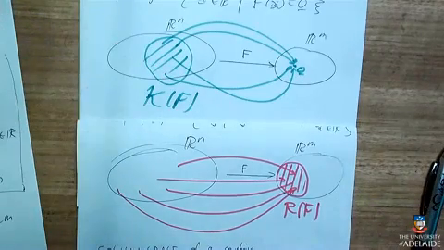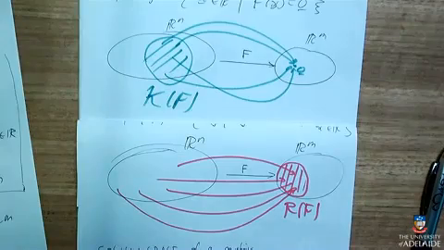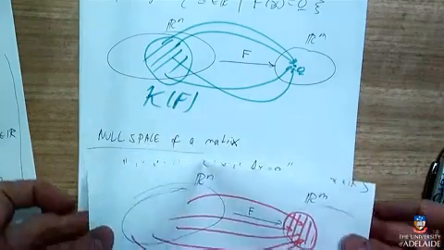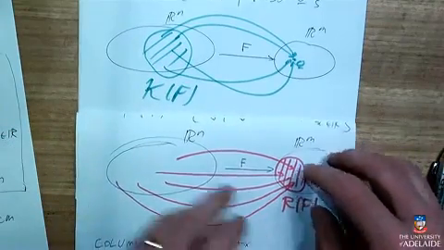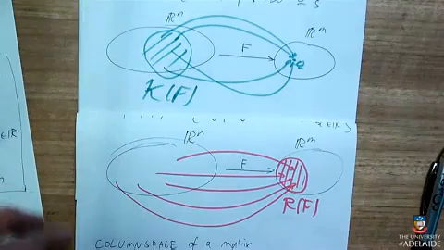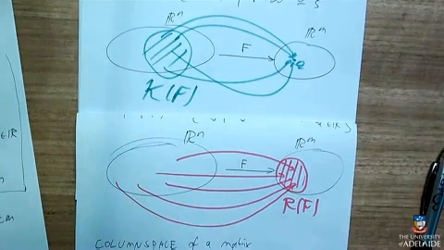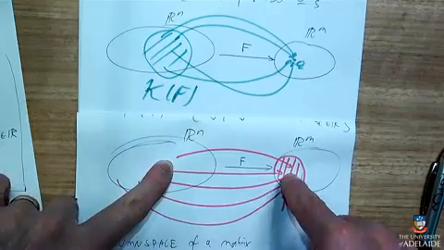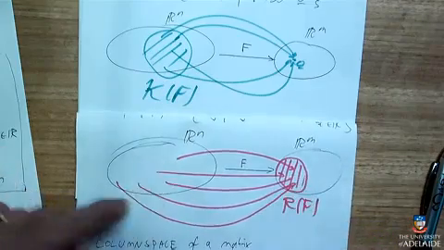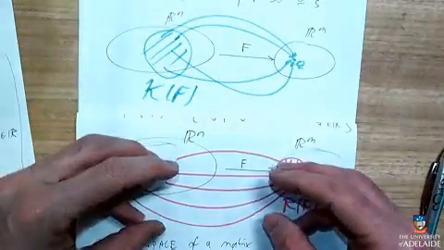And I'll do a proper example so that we can get a handle on how all this works in a second. But that's something that I used to hold on to. The range lives in the finishing space and the kernel lives in the beginning space. In fact, the kernel is inside here, and it's just that it only ends up being this single dot in this picture here. So this picture is sort of inside this picture.